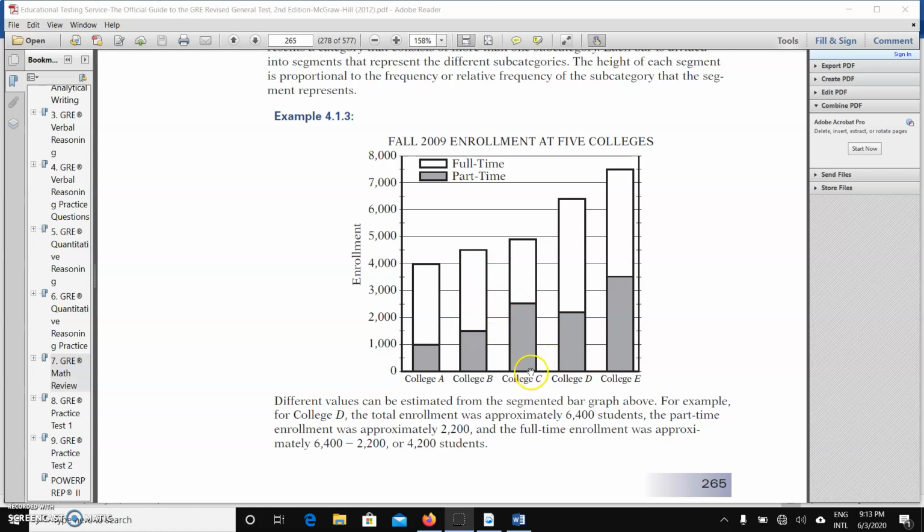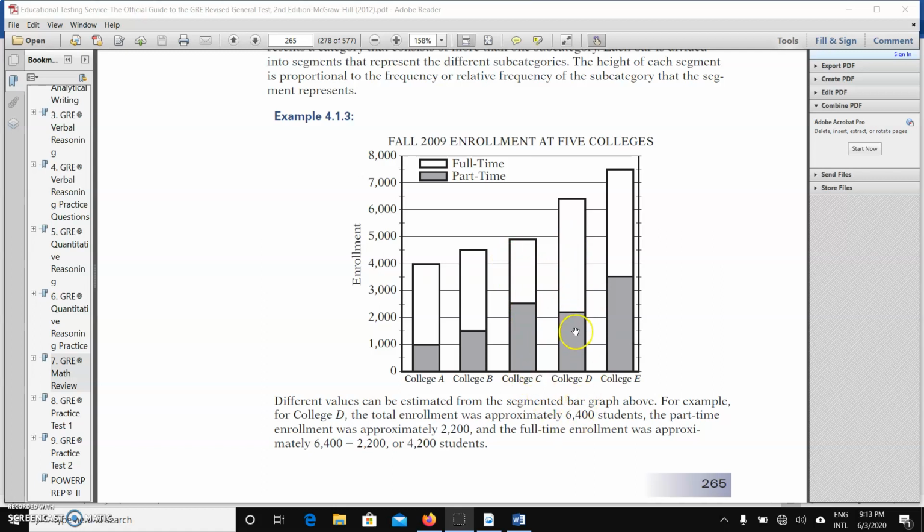You understand? Now, the same thing goes for college C. The part-time is going to be 2,500. And if you look for the total, it's very close to 5,000. Let's just say 4,900. So 4,900 minus 2,500 gives you the full-time, and the part-time is 2,500.